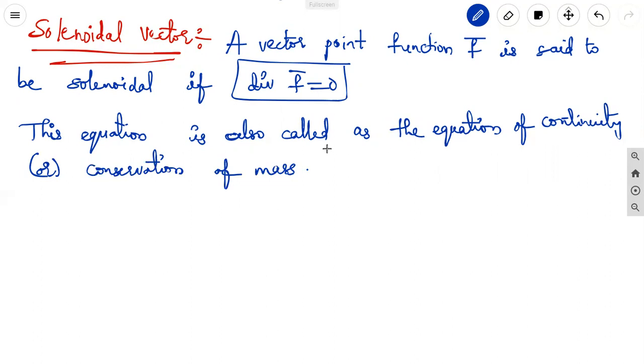If we want to find the conservation of mass, we can calculate it only from the relation of the solenoidal.